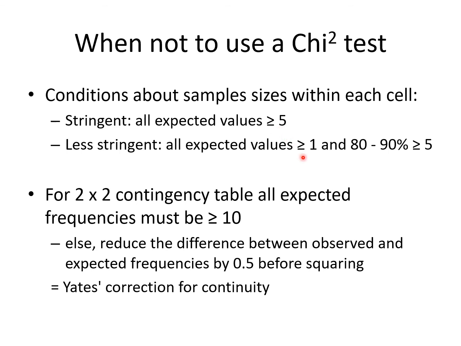For example, it's been suggested that as long as every expected value is greater than 1, and most of them are greater than 5, then your results can still be trusted. It's worth noting that for a 2x2 contingency table, the general rule is that all of the expected values should be greater than 10.